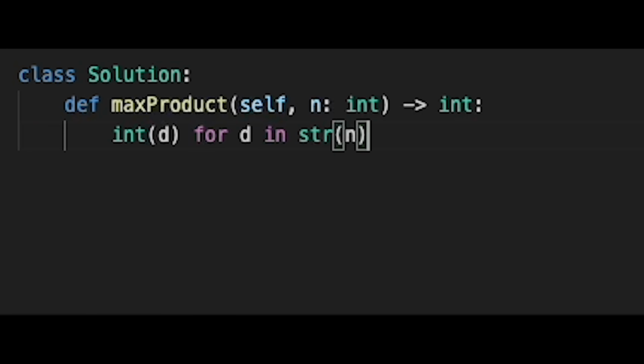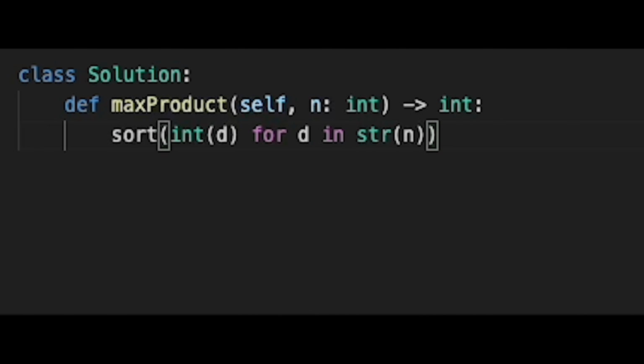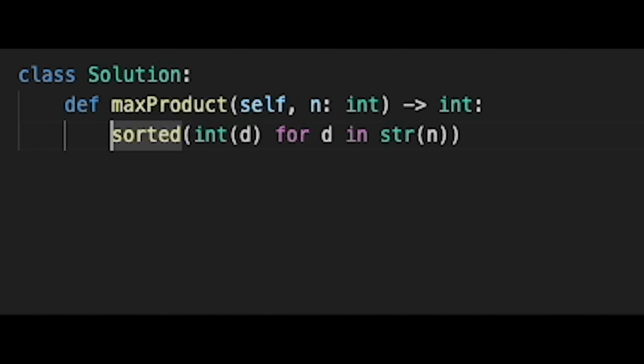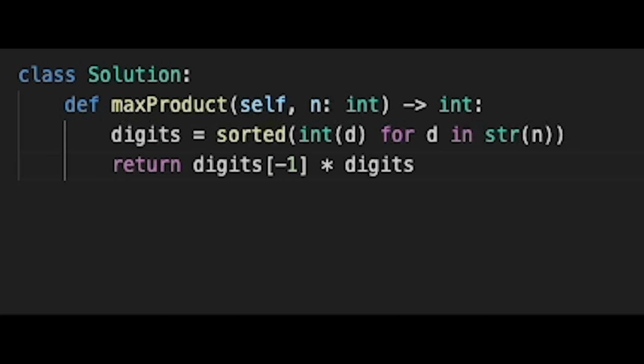And then at last we sort these numbers, so sort it, let's say digits, and then return the last number, I mean the biggest, and the second biggest should be digits[-2].